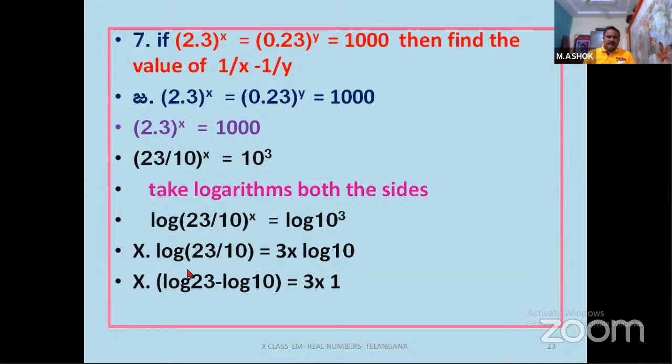So basing on the x by y formula, it is now log 23 minus log 10, that is equals to 3 into, what is the value of log 10? 1. So x into log 23 minus log 10 is equals to 3 into 1.